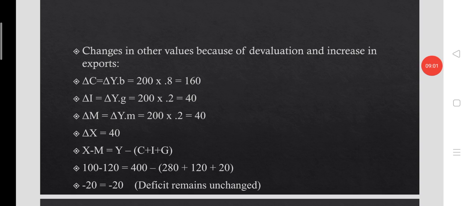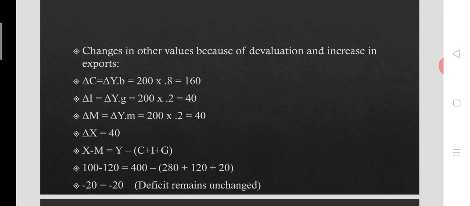Here let's look at whether devaluation in a deficit period improved the trade balance or not.